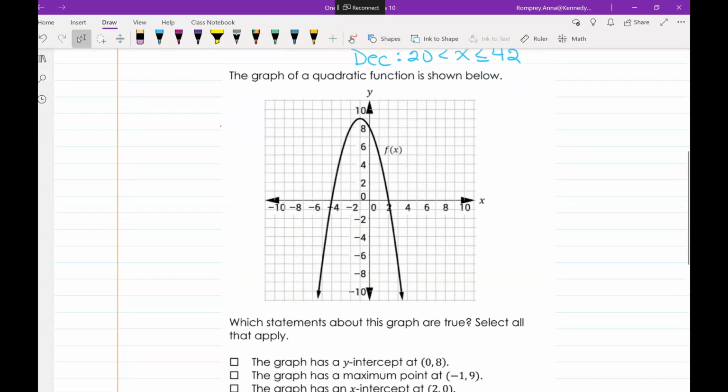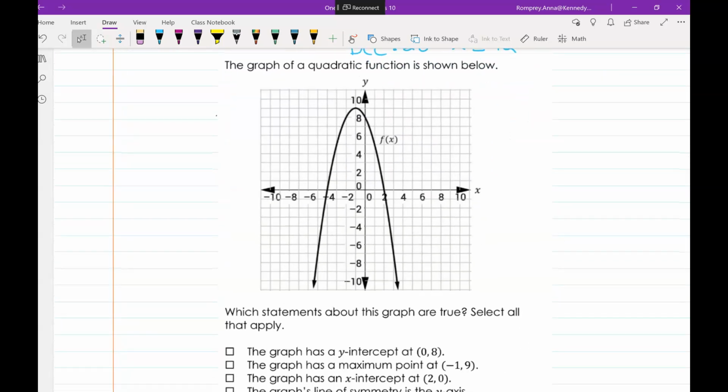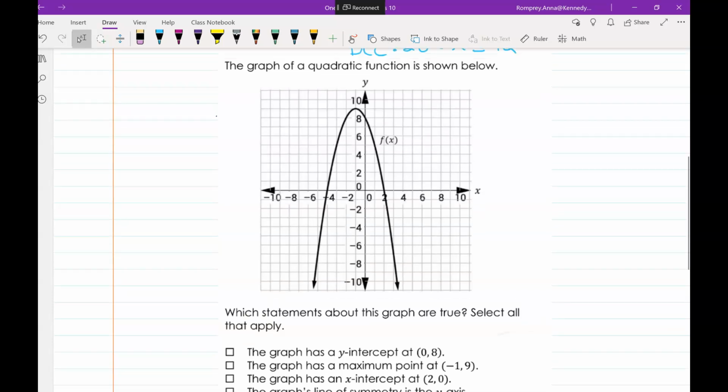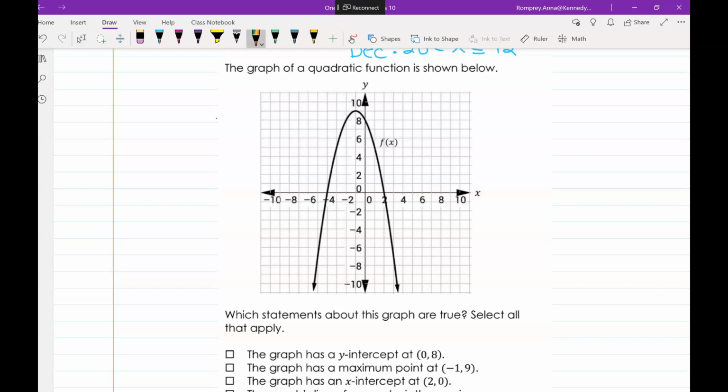The graph of a quadratic function is shown below. Cool beans. Which statements about the graph are true? Select all that apply. All right, so let's just do one by one. The graph has a y-intercept at 0, 8. Well, let's go identify. 0, 8. Yes, that is in fact on our y-axis. Correct. All right.